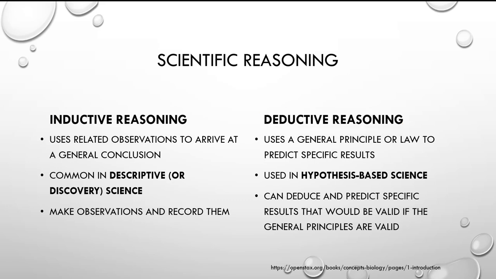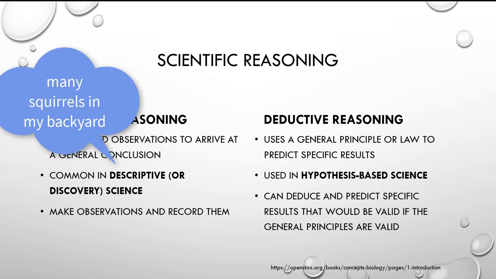So let's take a look at inductive reasoning. Inductive reasoning uses related observations to arrive at a general conclusion. For example, let's say that I take a look around and I notice that in this environment, I see a bunch of squirrels in my backyard, and they're not all the same.